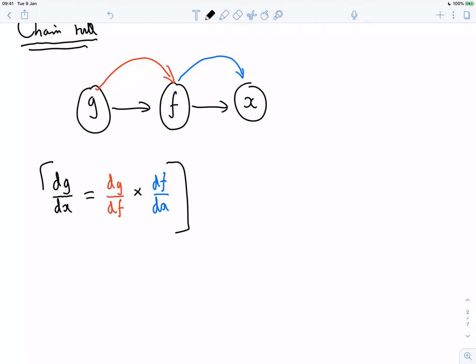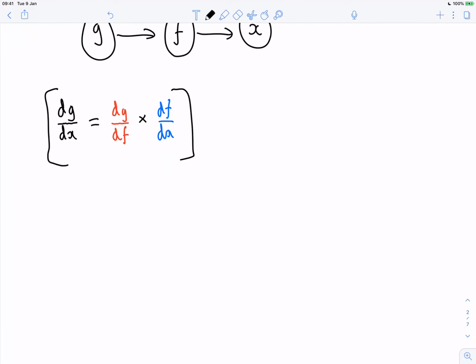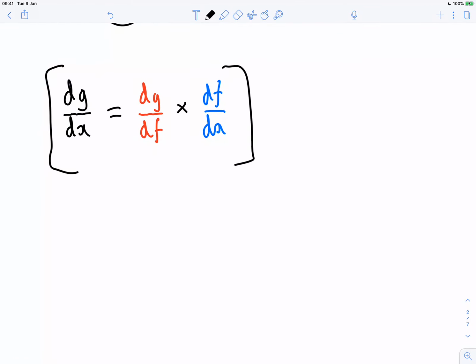Why does this work? Well, for various reasons. It's like a knock-on effect. It's got a little bit to do with proportionality. We can get a little bit philosophical here. But I'm hoping the main core analogy is that if you look at the ordinary derivatives, what are these things, dg by df?